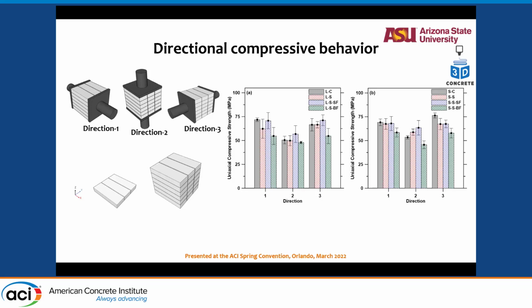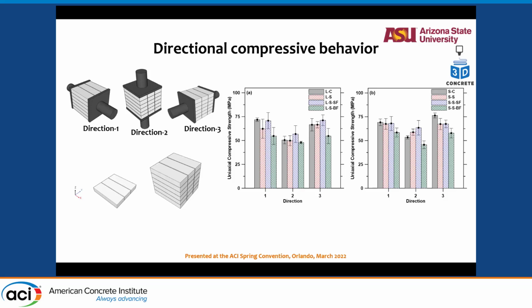We do recommend measuring directional compression, because with compression, life is much simpler. So if you have filaments arranged, if you're printing in this direction, so that's a layer and that's a filament, and the layers are built up, you can see direction 1 is along here, direction 2 is along here, and direction 3 is along here. You can see that there is definitely a directional effect on uniaxial compression.